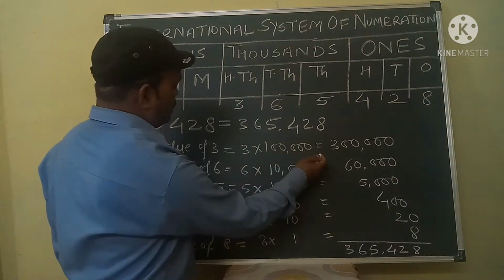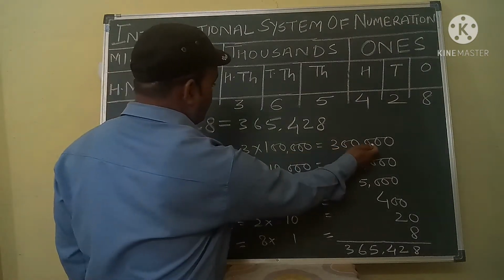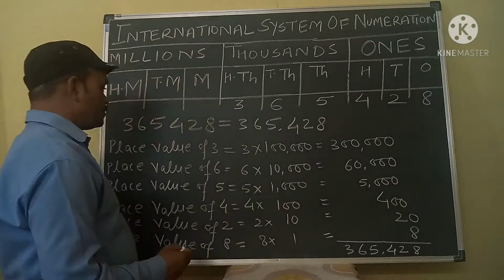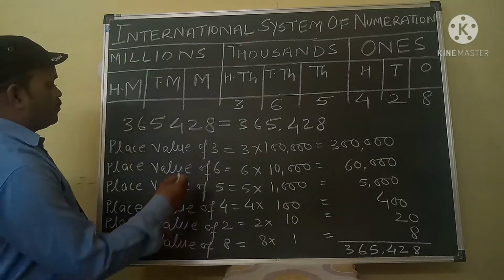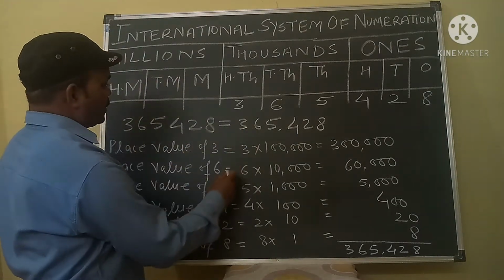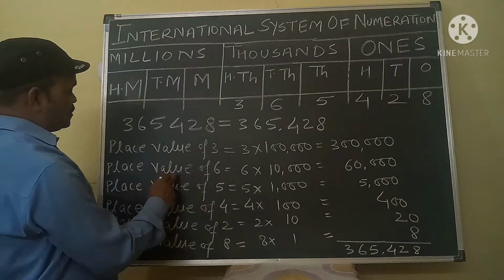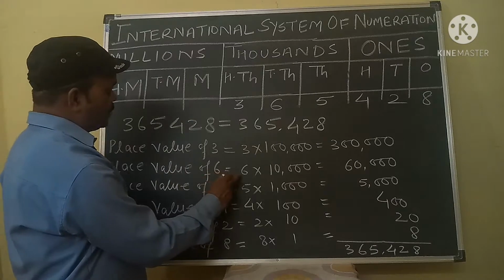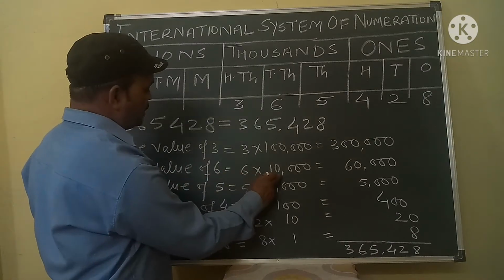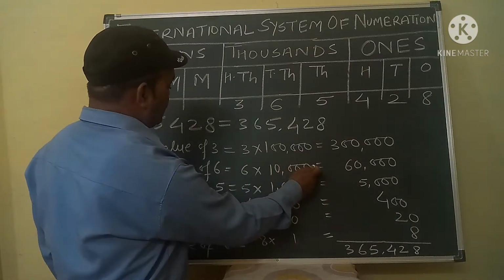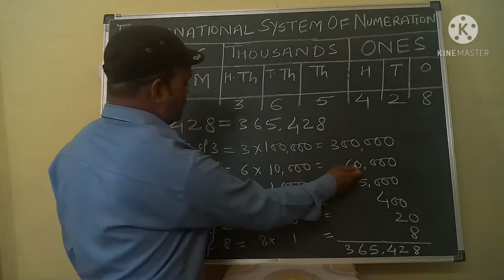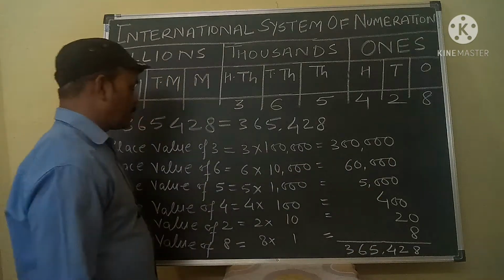It will give you 300,000. Again, place value of 6. 6 is in the 10,000 place. Place value of 6 will be 6 into 10,000. It will give you 60,000.